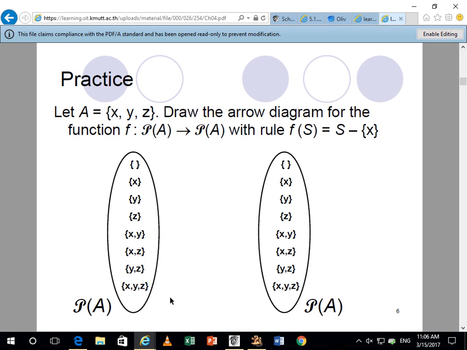Power set of A. A is x, y, z. Power set of A. Someone want to give Sarah a hand?